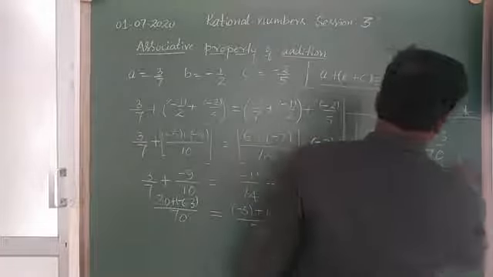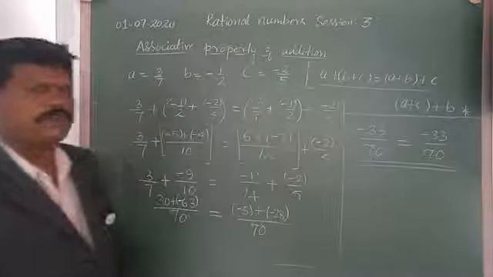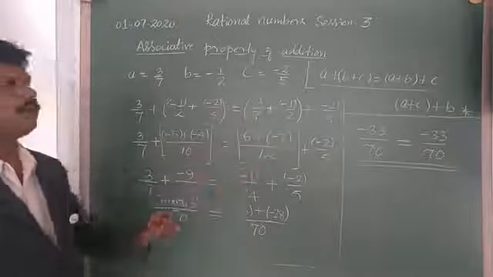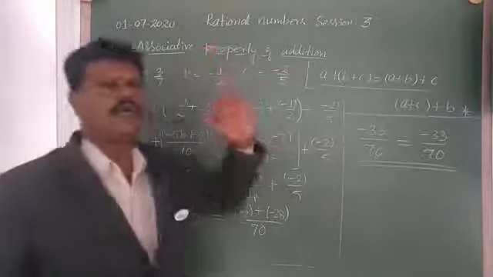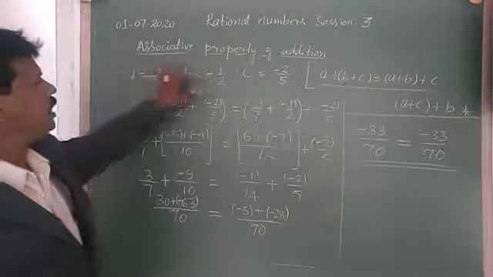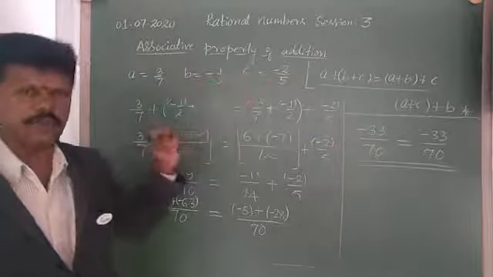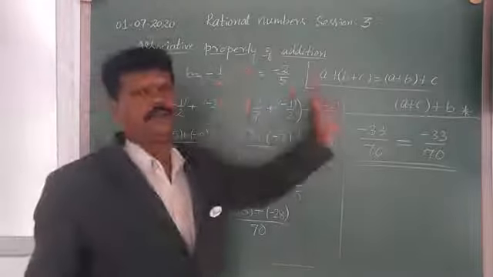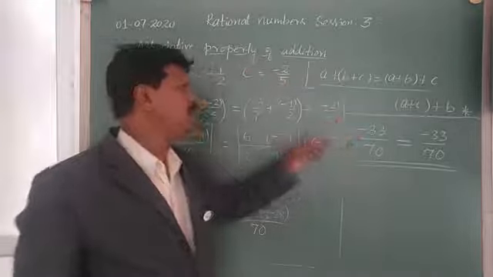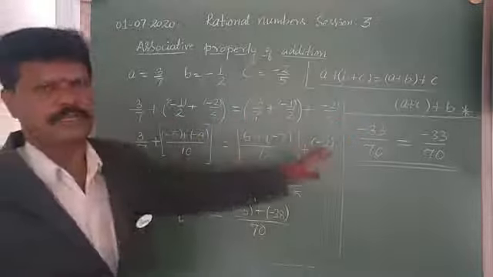So we get the same solution, the same answer. This shows that the associative property of addition holds good for negative rational numbers also. If you take negative rational numbers and do the addition, we will get the same answer.